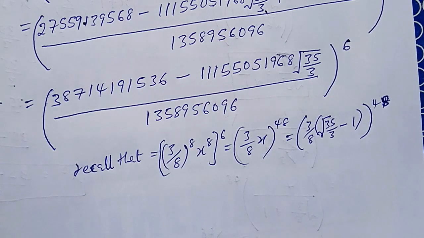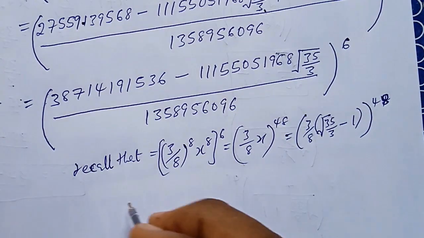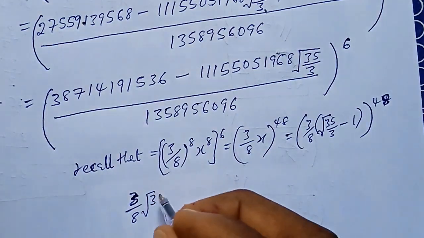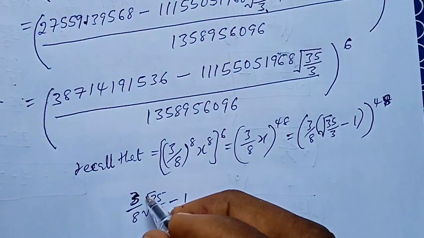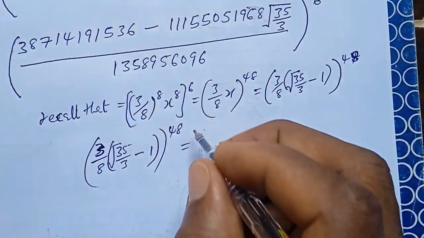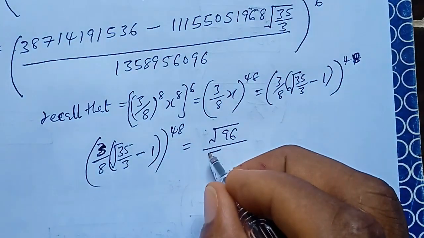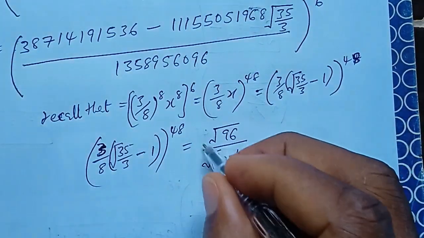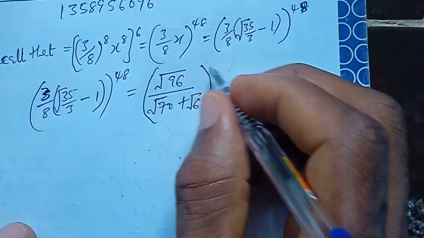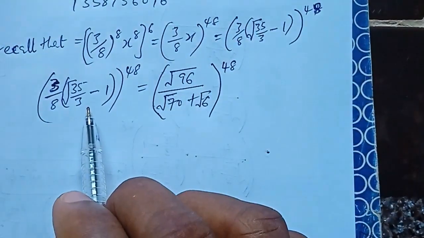Since this equals to this, and we know that this as well is equal to 3 over 8, square root of 35 over 3 minus 1, this into bracket power 48, is equal to our earlier question expression, which is square root of 96 over square root of 70 plus square root of 6, all into bracket power 48.